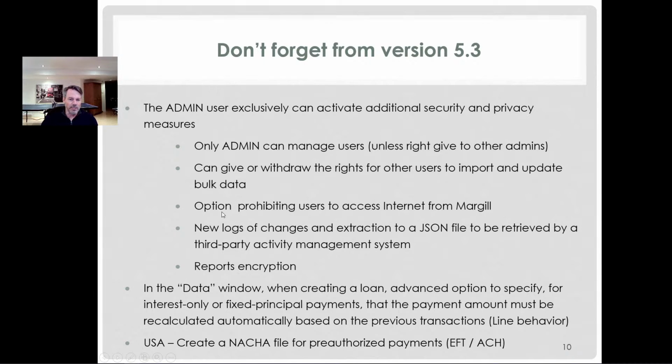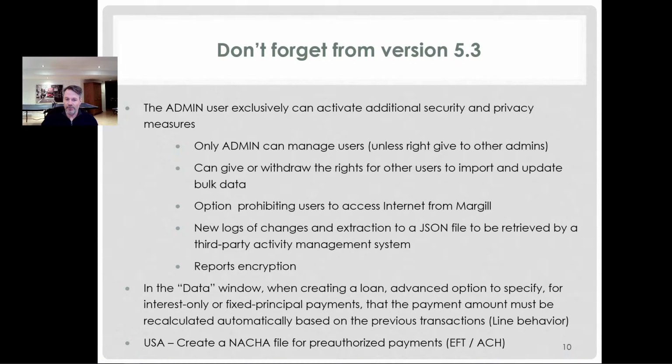More security reasons. This is another security option, prohibiting users from accessing the internet from Margill. You don't want to create potential conflicts here and there. So that's something in terms of security. New logs and extraction of these logs to a JSON file. So logs can be created every single day. So every activity that happens in the software can be logged in these files.